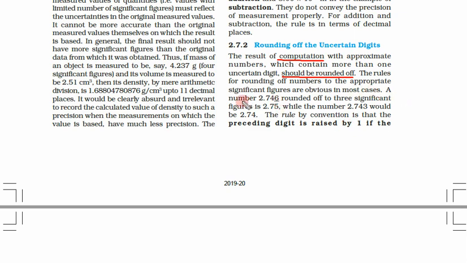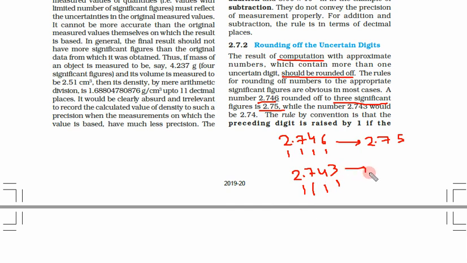A number like 2.746 has 1, 2, 3, 4 digits. Now we have to round it off to 3 significant figures. So we will write it as 2.75. Now another number, 2.743. It also has 4 digits.